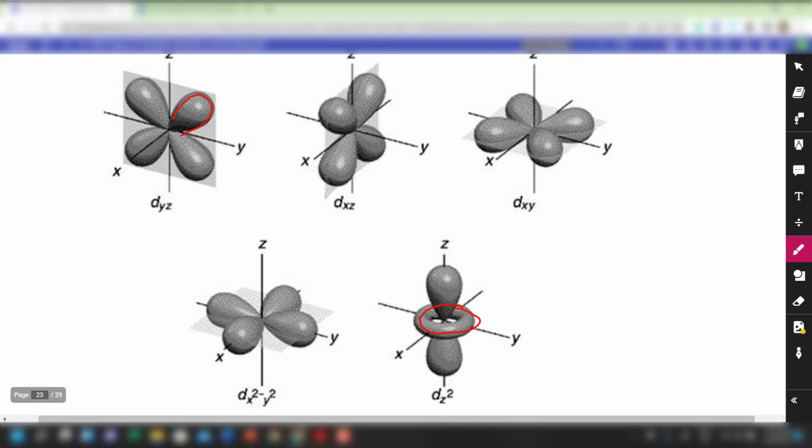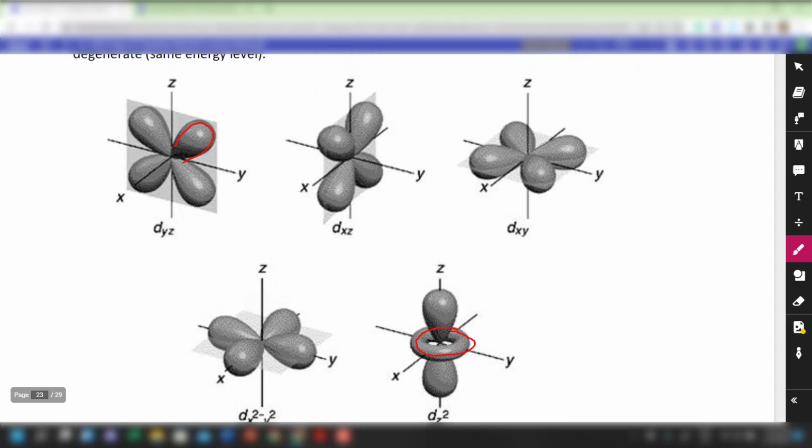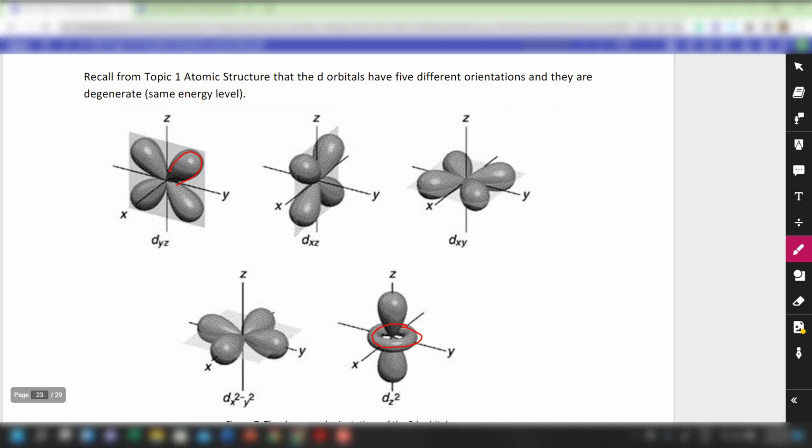It's good to understand the 5 sets of 3d orbitals, because when you are studying transition metals, if you don't really understand or remember the shapes of these 3d orbitals, then you will get a bit confused later on.